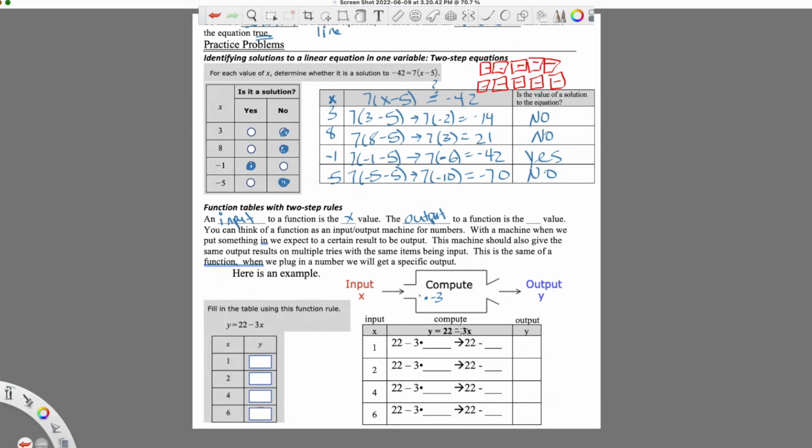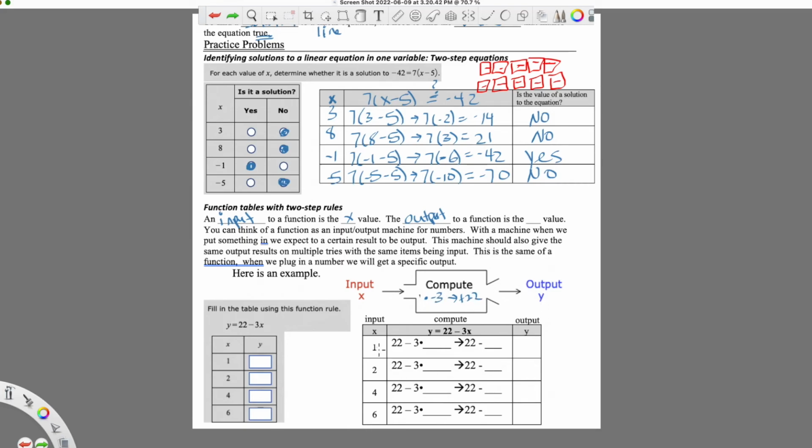So I have to do my multiplication first. So it's going to multiply by -3, and then it's going to add 22 to that, because 22 is positive. Remember, this negative belongs to that 3. That's why it went over here with the times -3. So this is what it's going to do to every number we put into the machine. It's going to multiply by -3, then it's going to add 22, and it's going to give us an output.